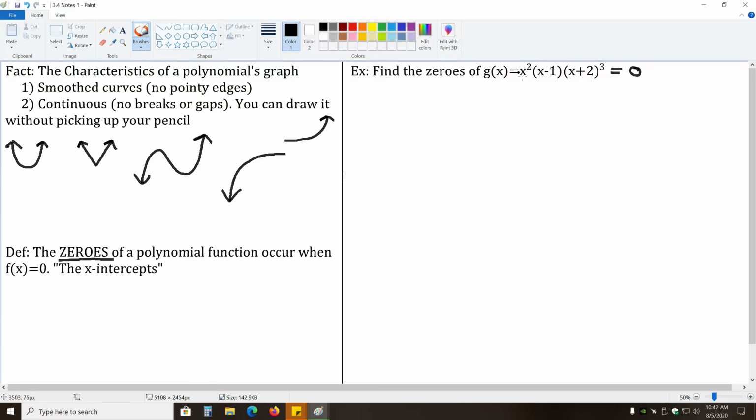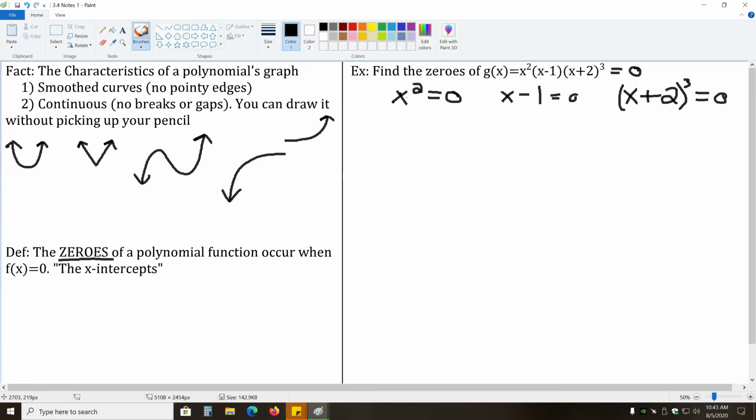Now, whenever something's factored out for us, we know that as long as it's factored out and equal to 0, then we can just set each individual factor equal to 0 and solve. So we get x squared equals 0, x minus 1 equals 0, and x plus 2 to the third power equals 0.